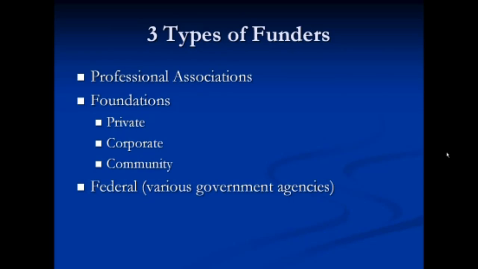Whether this funding alone would be sufficient to operate the agency, or whether the association might provide subsidies, regardless, professional associations, many of them typically offer financial support to their members.